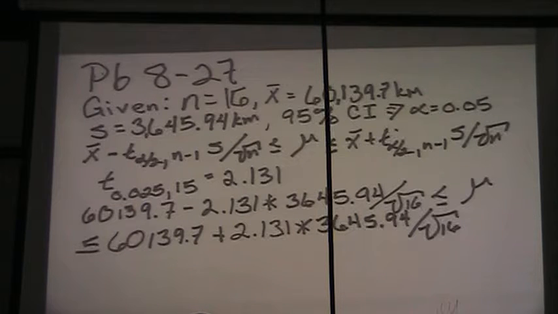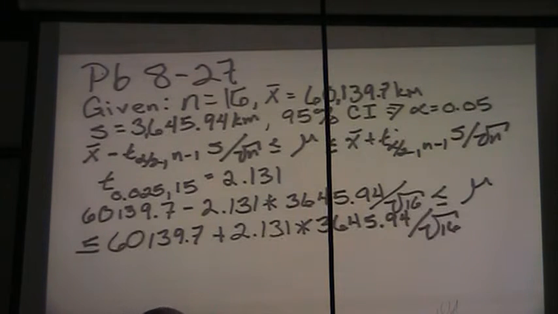We've got 60,139.7 minus 2.131 times 3645.94 divided by square root of 16 for my lower bound. And there's my upper bound.